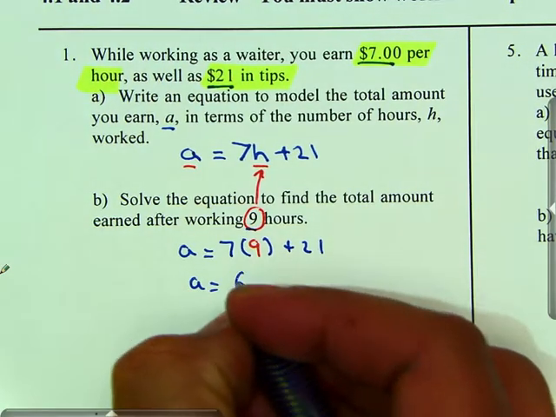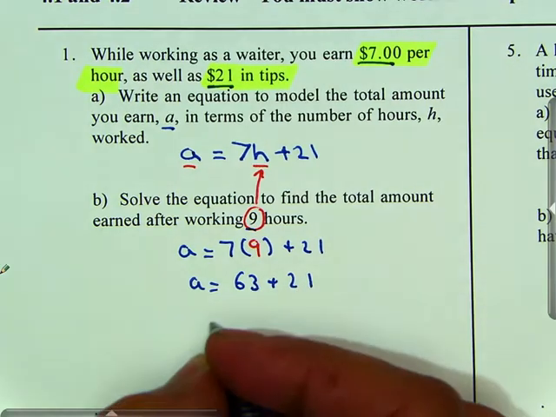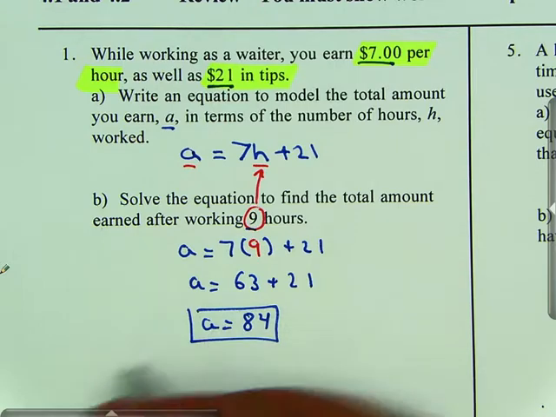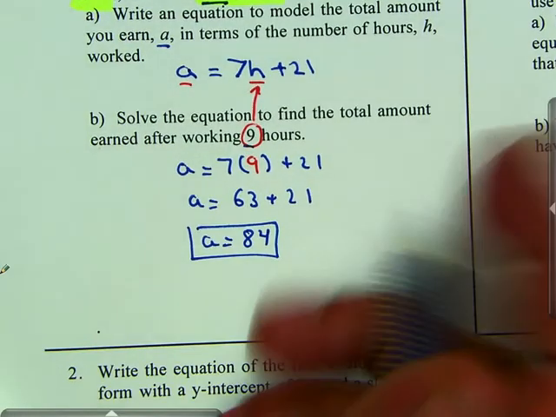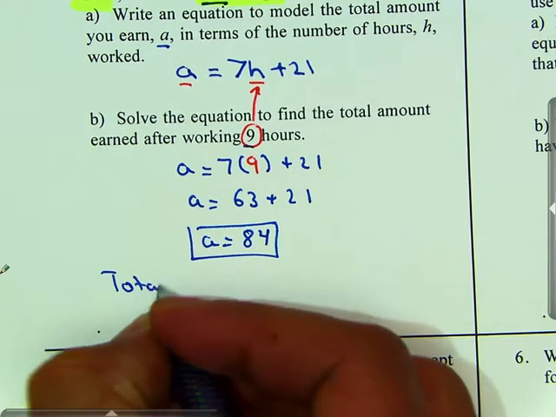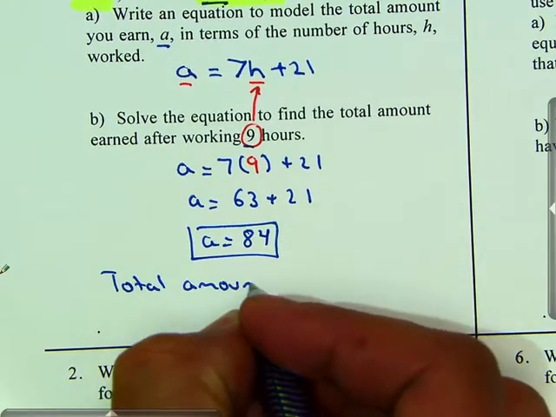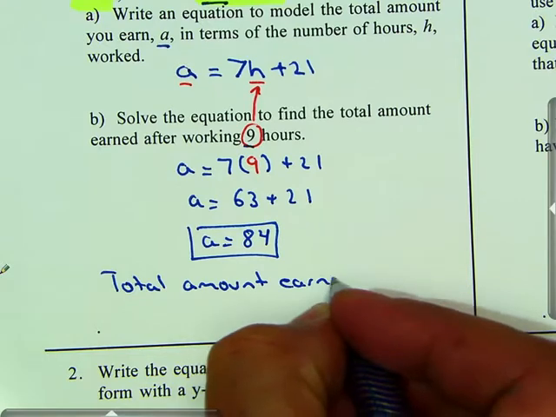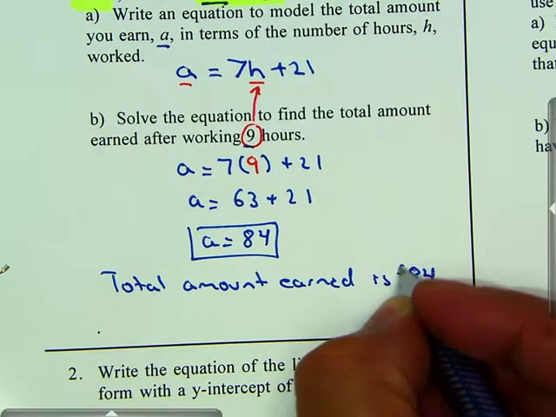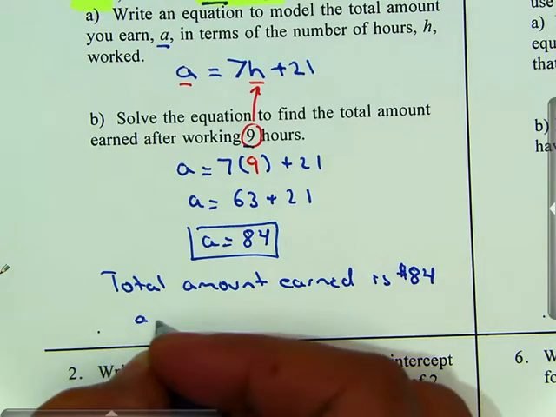A equal to 63 plus 21. A is equal to 84. So therefore, the total amount earned is $84 after 9 hours.